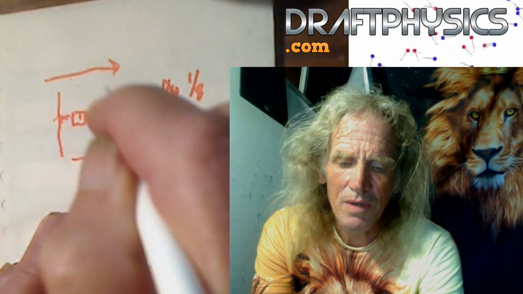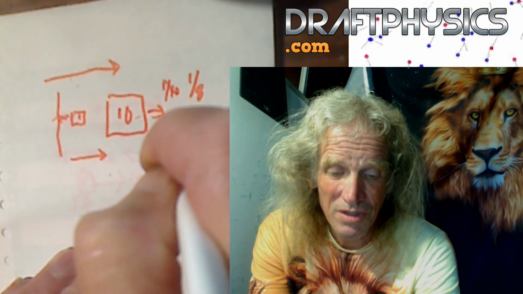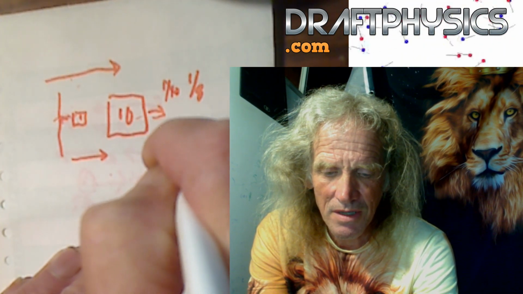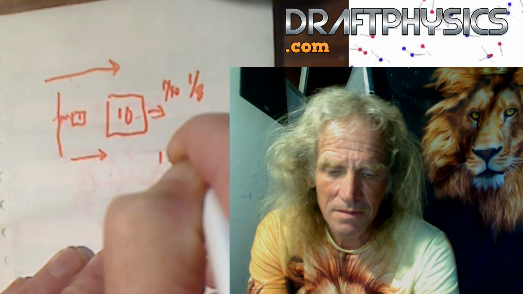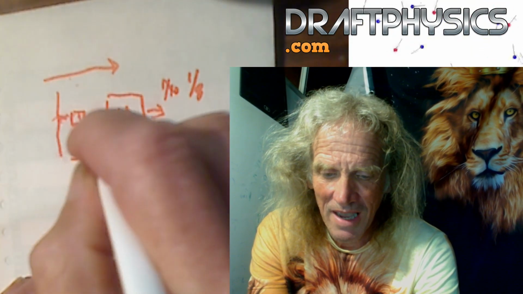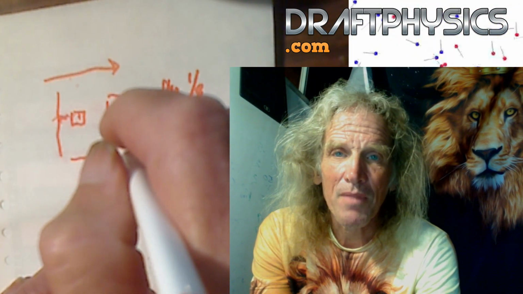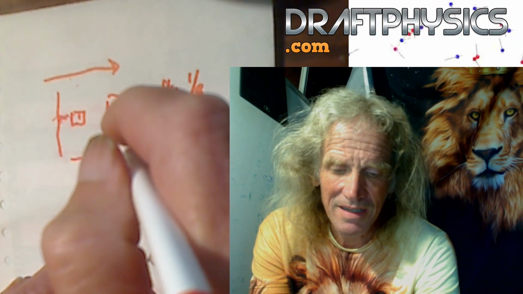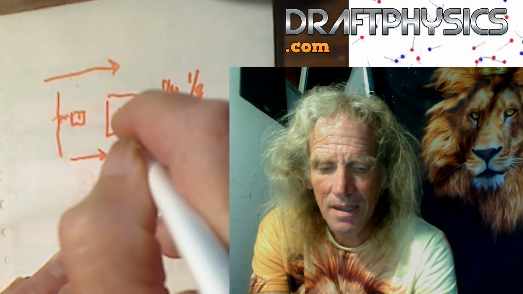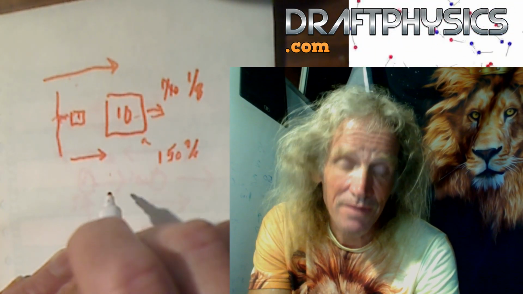This is going very fast. Okay, so it would hit. Give it the free momentum, some portion of free momentum. Let's just say, for the sake of argument, 150% of the momentum goes into this object. All right, then it goes back and it comes back again because it's still got like 75% of its starting energy, and so it hits again and gives it another 150% of the 75.